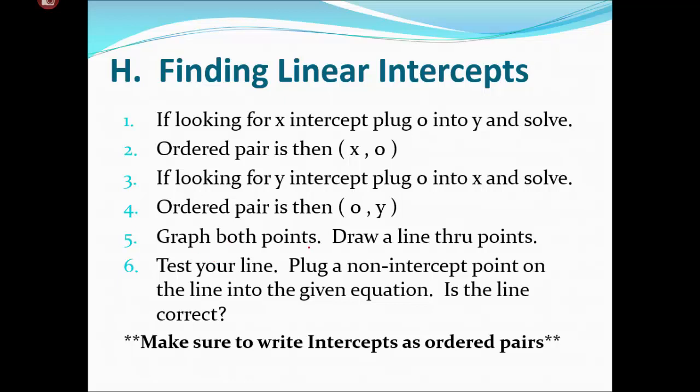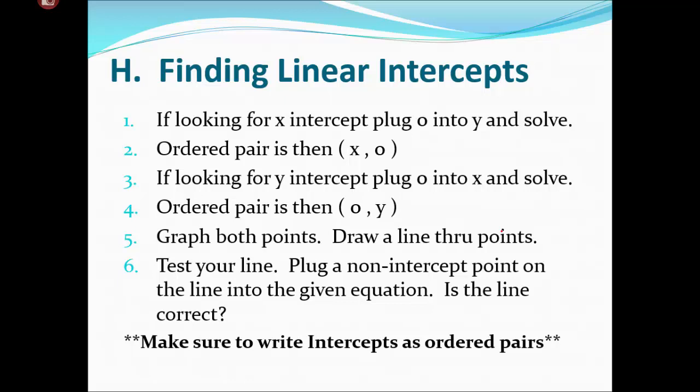Graph both points. Again, draw a line through both points. Remember, don't stop. Make sure to continue in both directions. Test your line. I always plug in another point just to make sure. If online it asks you to graph using your intercepts, that's the way you have to graph it.